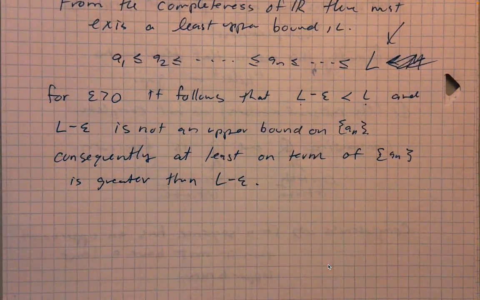The fact that L minus epsilon is not an upper bound on the sequence means that some term of the sequence is greater than it. That's by definition.